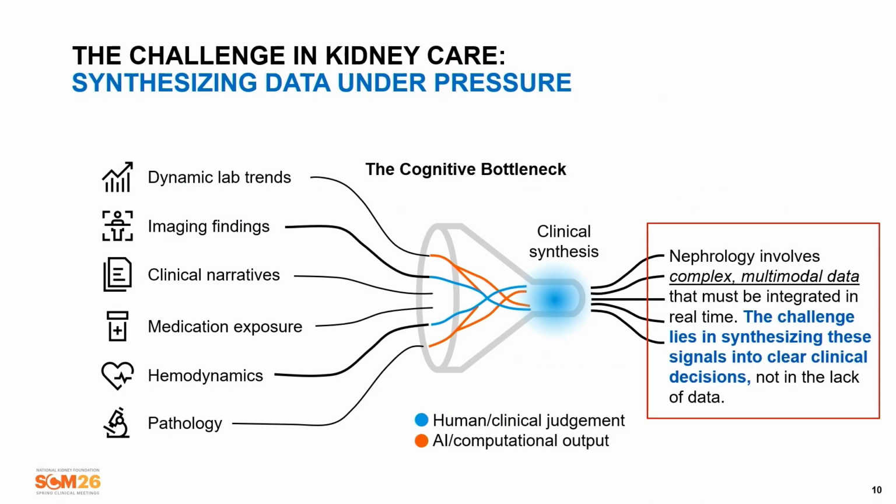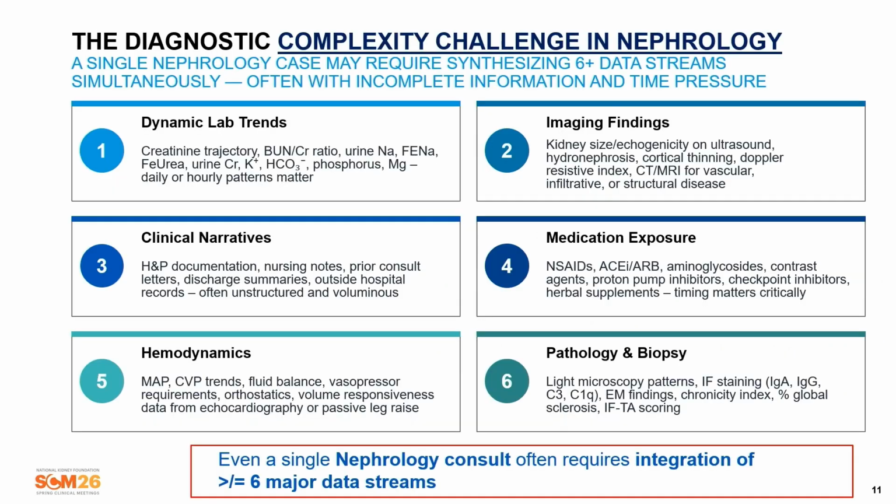The problem that we have now is not a lack of data anymore. We have a lot of data, and you can see that the data are complex. As we see our patients, we have a lot of data. How to use them to support diagnosis and improve our care is the next step. When we have a nephrology consult, when patients come to my clinic or I'm seeing patients in the hospital, we have at least six major data systems to look through.